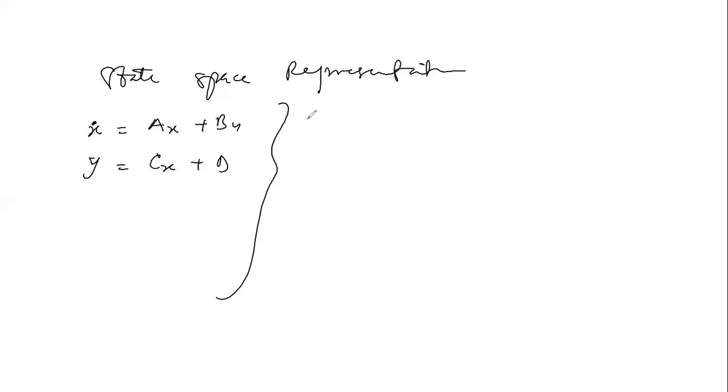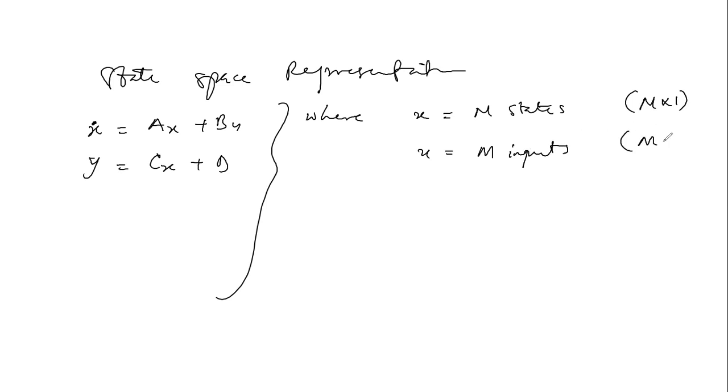Now, all of this means that x is the state, the n state, which is an n by 1 matrix. u is the m input, which is an m by 1 matrix. y is the k output, which is a k by 1 matrix.